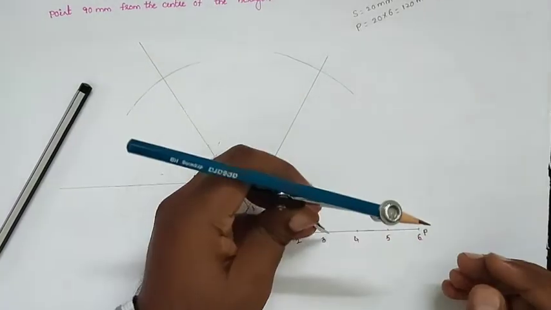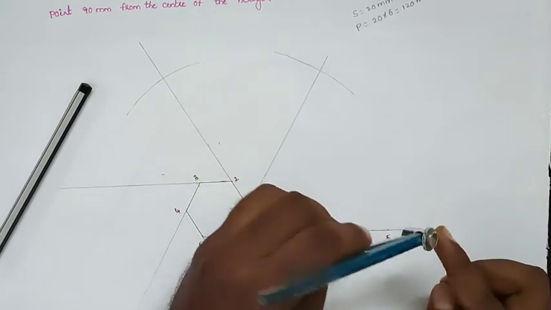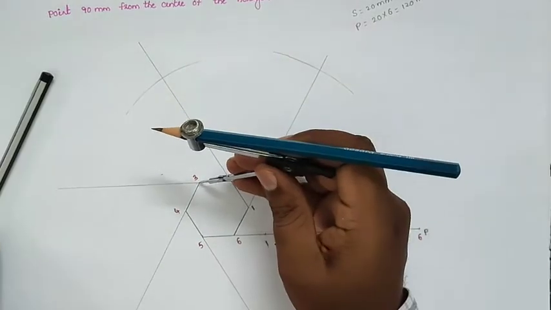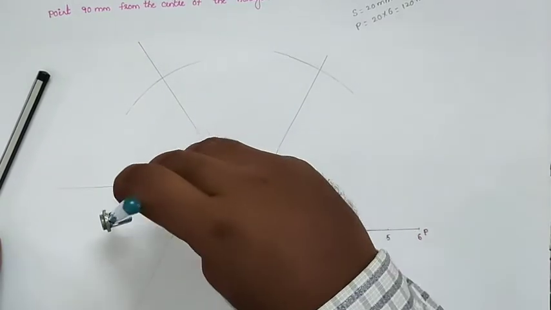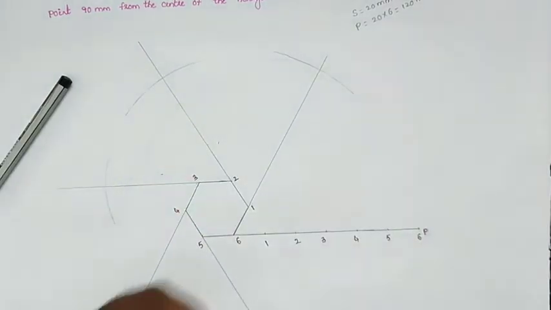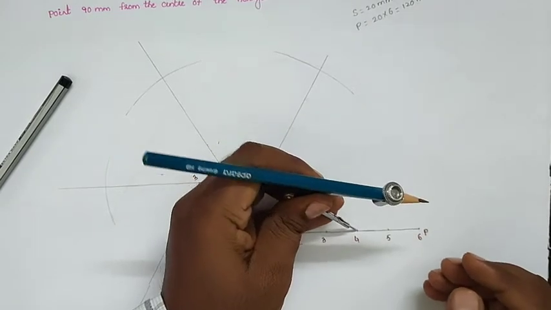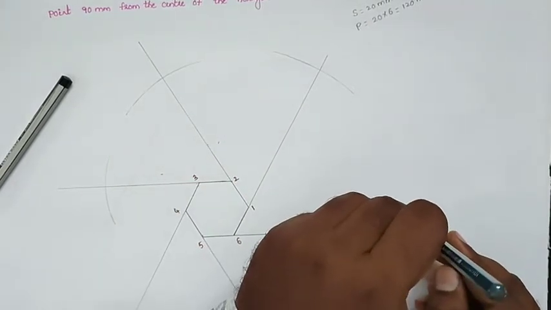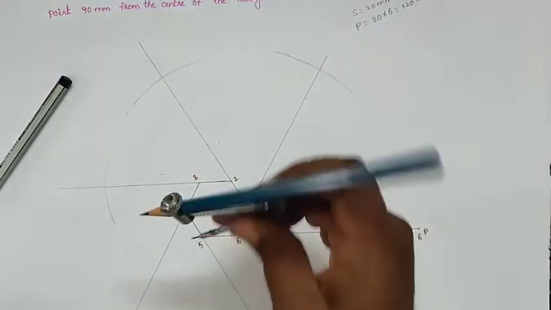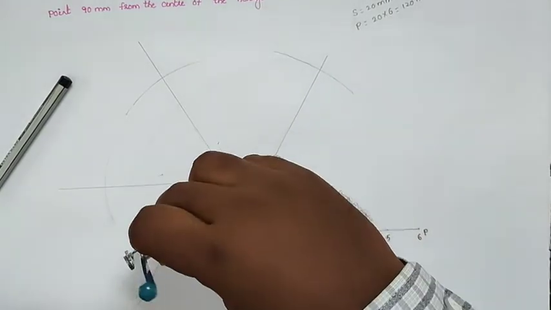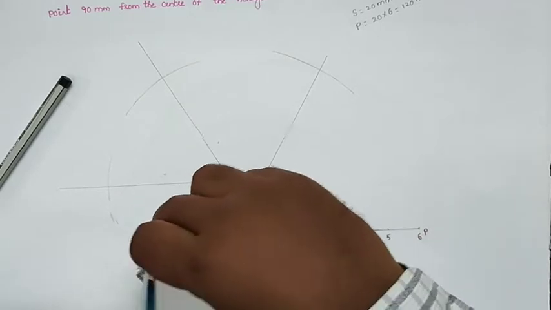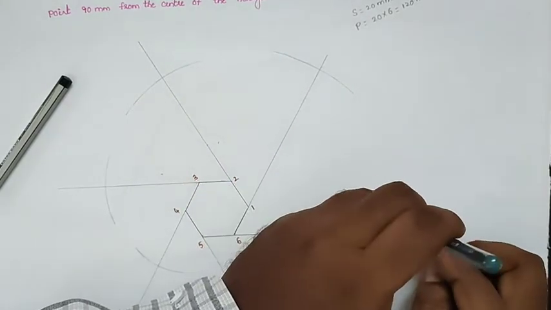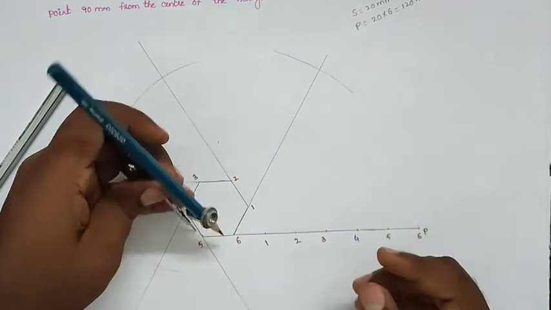Similarly, 3P as the radius, 3 as the center. Draw the arc. Next, 4 as the center, 4P as the radius, draw the arc. Next 5 as the center, 5P as the radius, draw the arc.